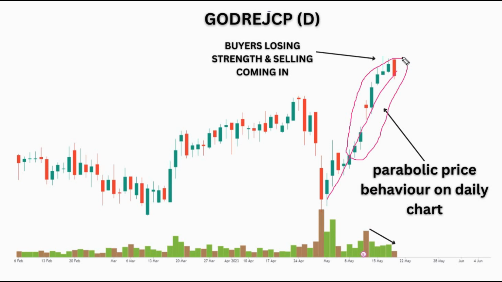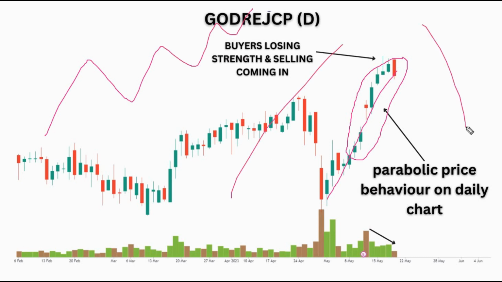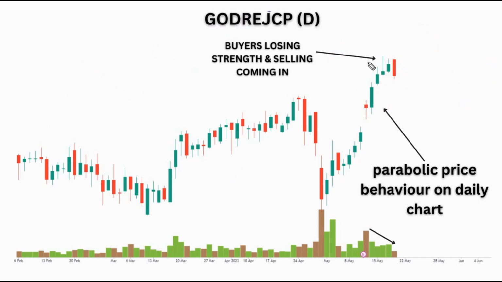This is higher probability because prices move in the nature of waves. Whenever there is a parabolic move, there are higher chances of a retracement.